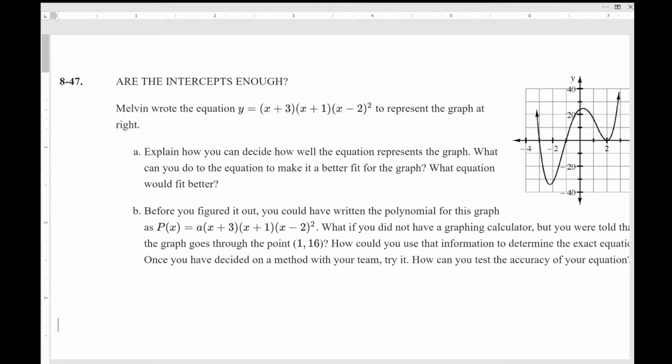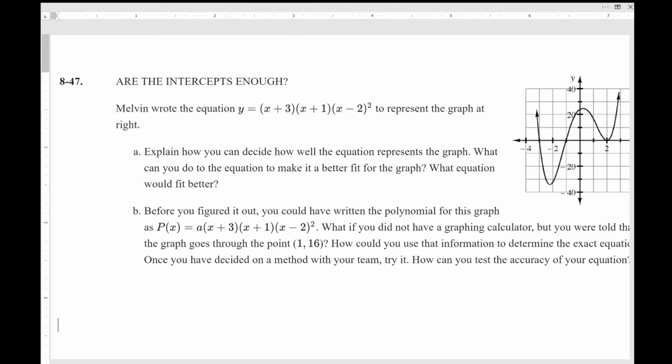We are continuing our study of polynomials, and as you can see here, we have a problem where somebody has created an equation. We have an equation of two linear factors and a quadratic factor, x plus 3 times x plus 1 times x minus 1 squared.